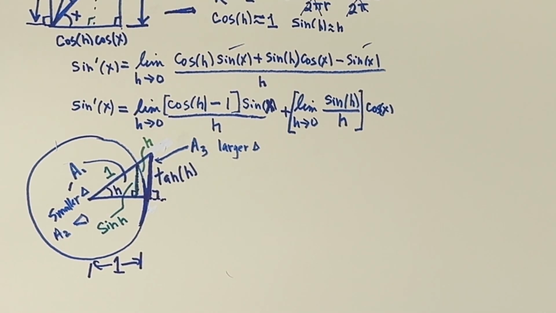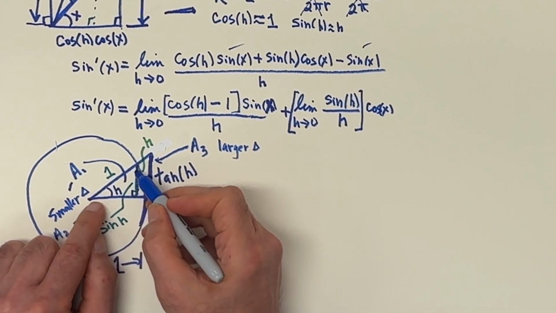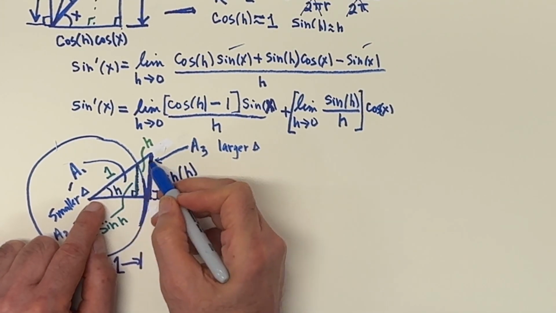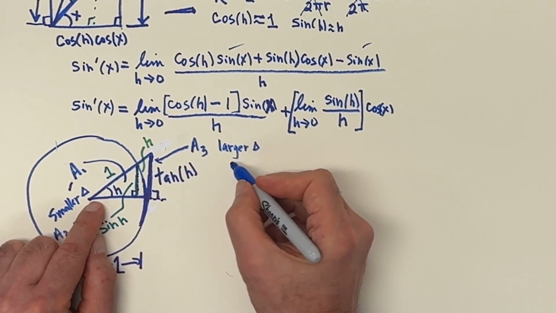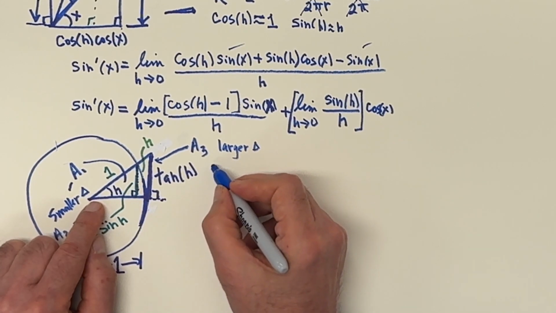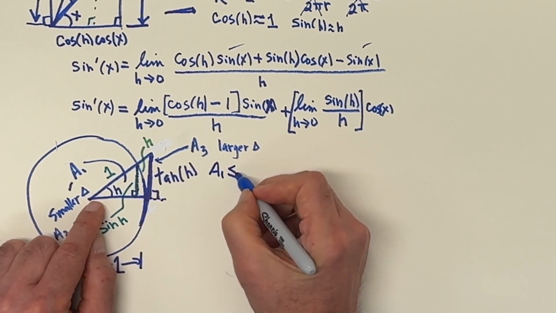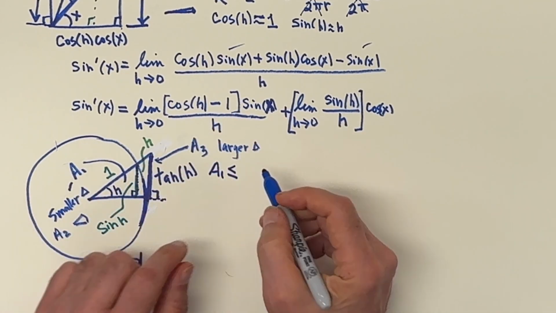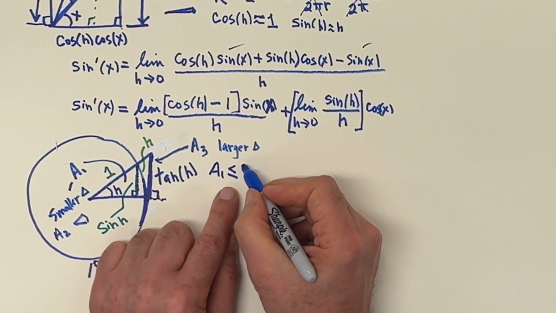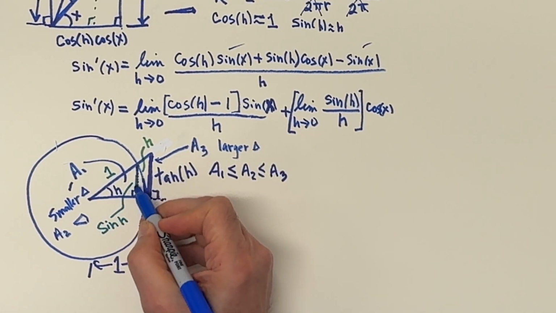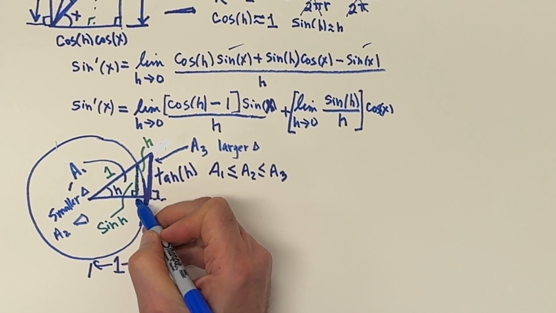So if we look at those 3 areas, we can see that the small triangle has the least area, the pie is next, and the big triangle is the largest. So I'm going to write down A1 less than or equal to, because as I shrink these down, we're going to find that they approach equality. For the small triangle, the area is 1/2 the base times the altitude.